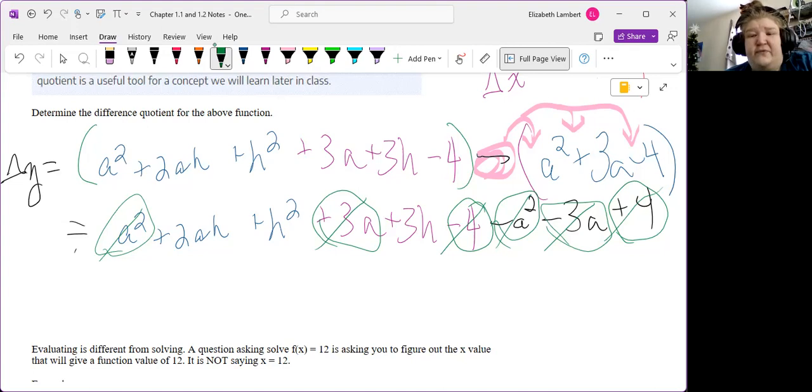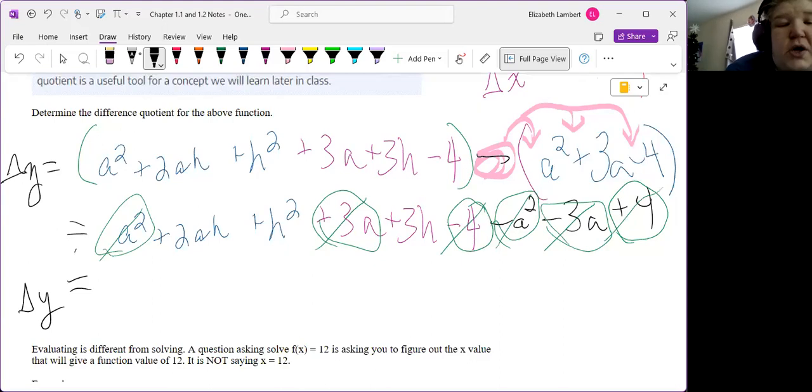It was in there in f of a plus h. I just had to go and find it. So now we're going to write down our leftovers. So I have 2ah plus h squared plus 3h.